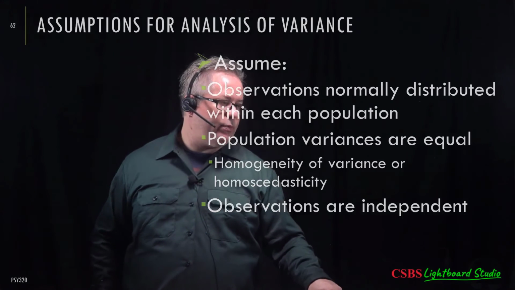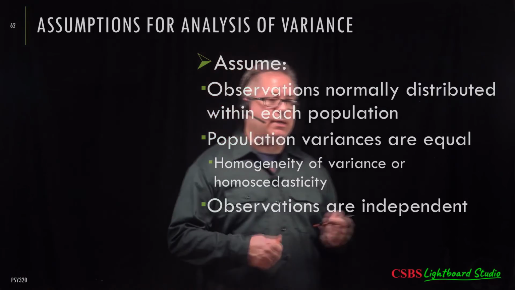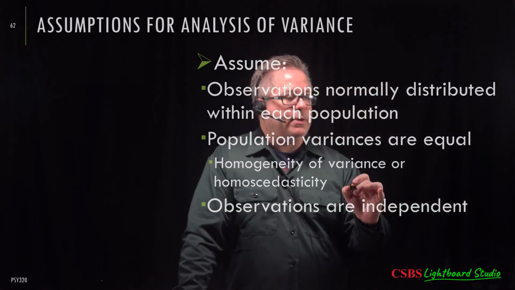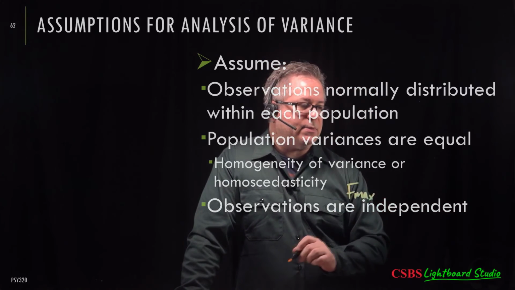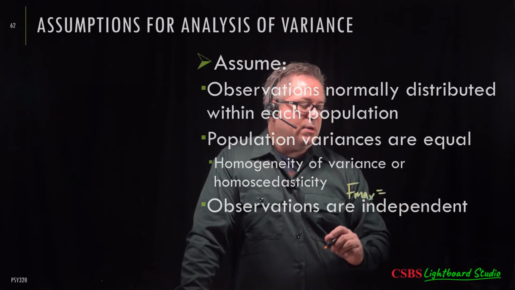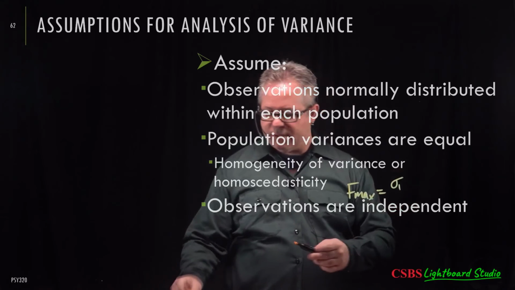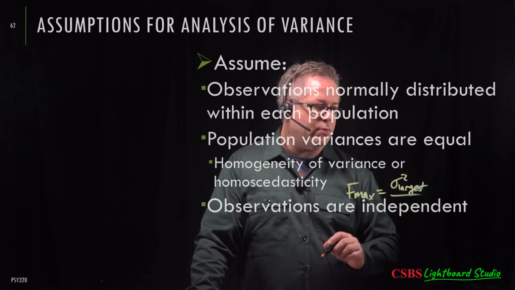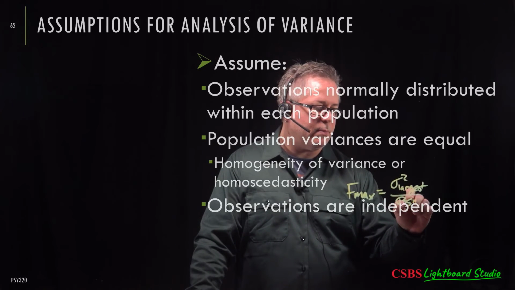And just as a reminder, the way that we tested for this is the same in the independent samples t-test, it's the same here. We can use this F-max test, which is you're going to take whichever group has the largest variance over the group with the smallest variance.